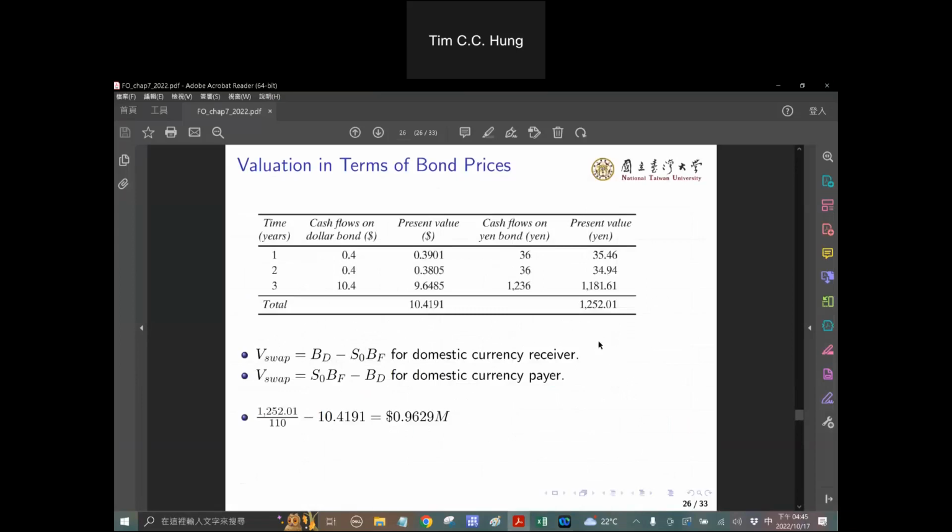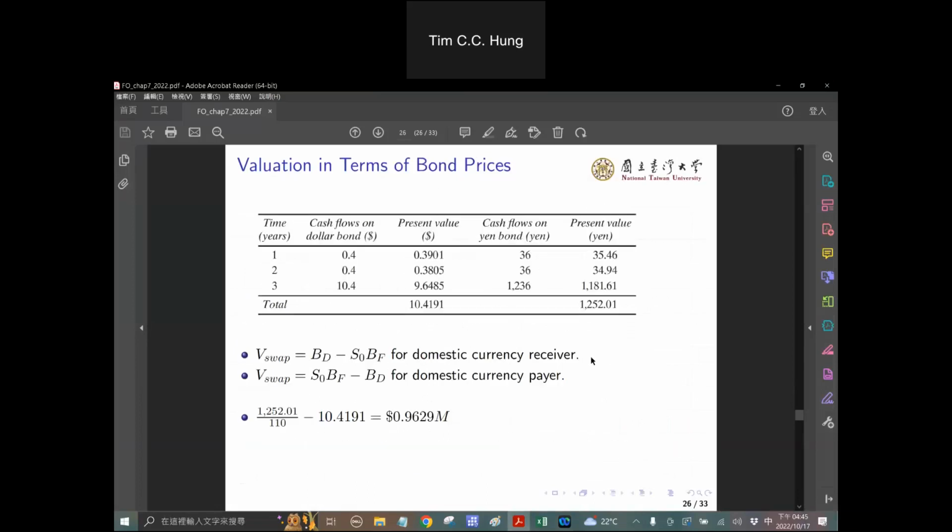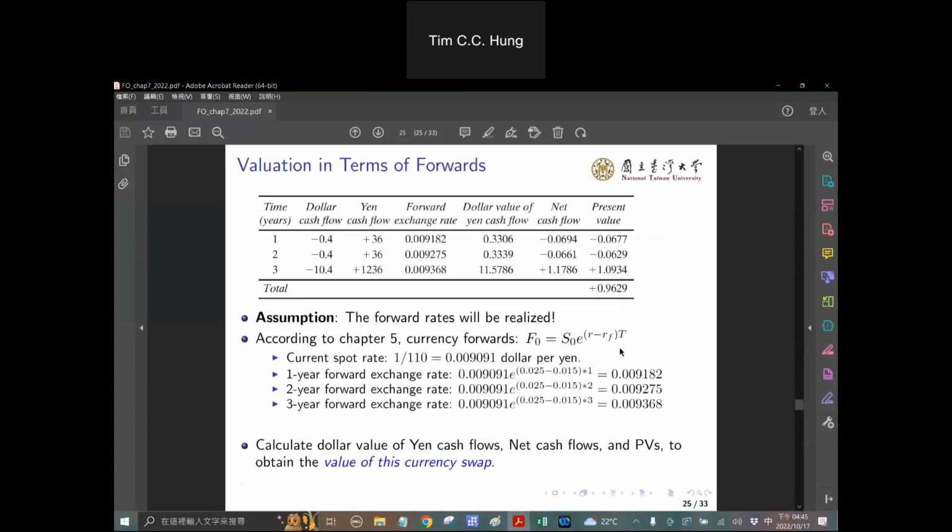Let me show you another way. I think most of the people will prefer valuation in terms of bonds, but some people like the idea of valuation in terms of forwards. Do you remember in chapter 5, we talked about how we can calculate forward rates with the information of spot exchange rates and the domestic and foreign interest rates?